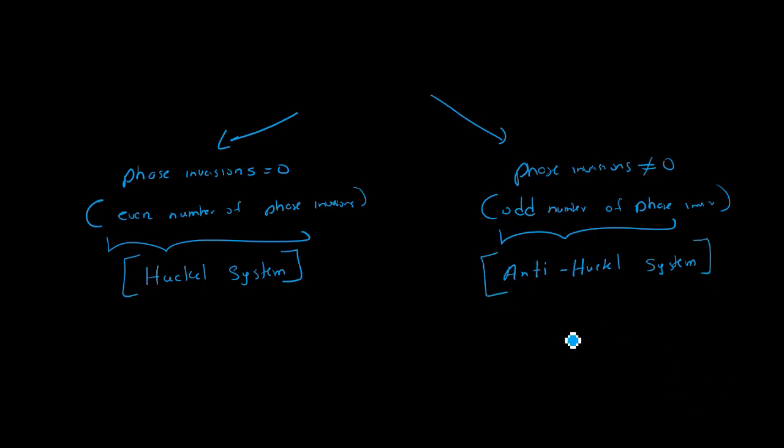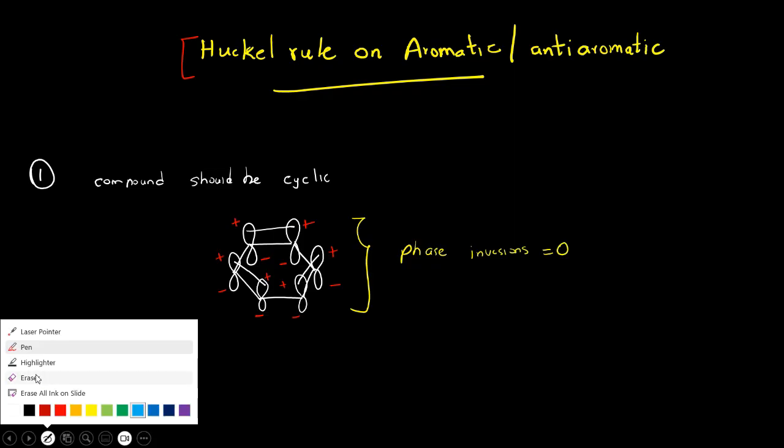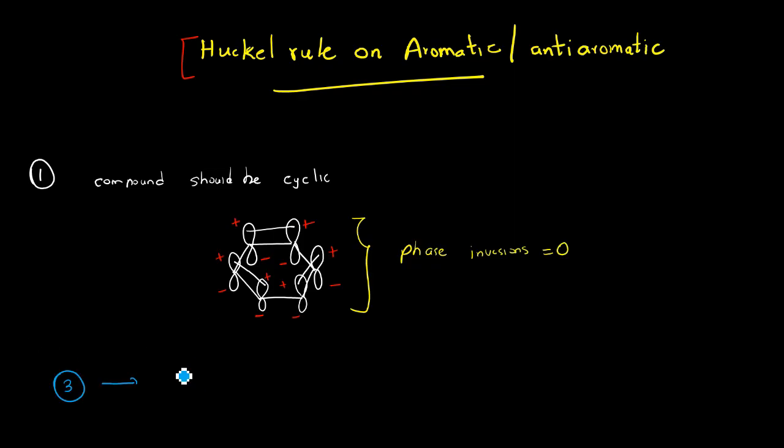Right, anti-Huckel system. And the final step we can do is to consider the pi electrons, which means the 4n plus 2 rule or the 4n rule.